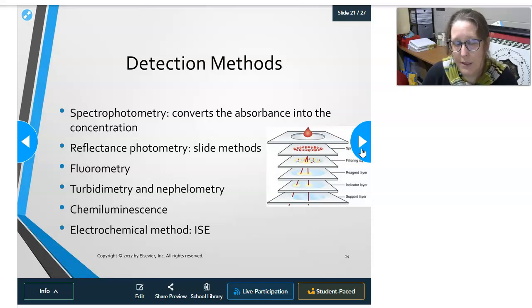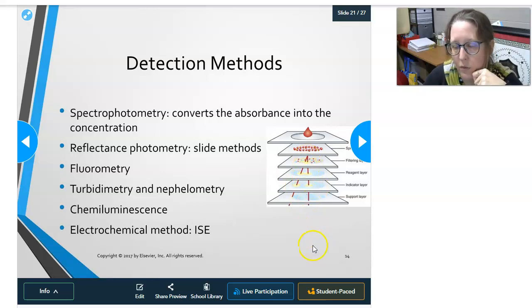The detection methods pretty much parallel the instrumentation. Here is the slide method, so I just wanted to show you that one. It uses reflectance photometry. On the slide, the sample is added on one side and it diffuses through, meets the reagents, and has a color reaction, which is visible at the bottom of the slide.